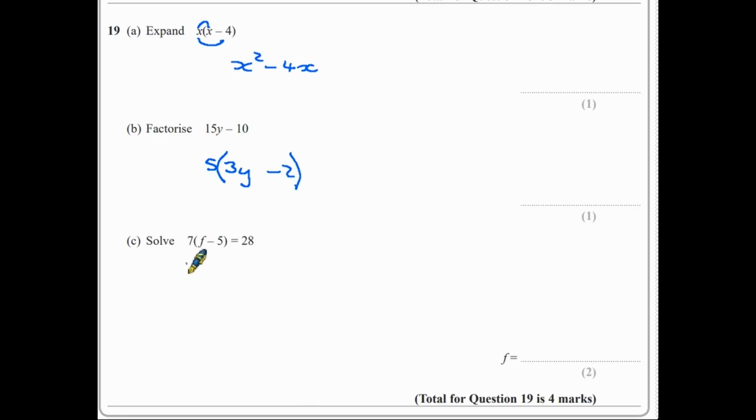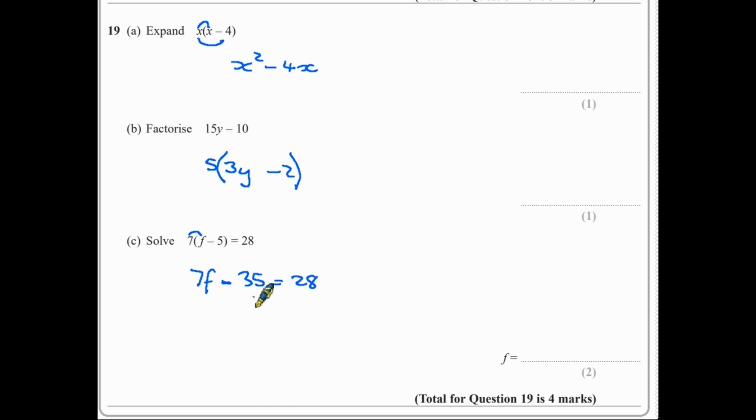Question C, solve. 7 open brackets f minus 5 equals 28. 2 stages to this one, because first of all we need to expand these brackets, and the process is exactly the same as it was in A. So we have 7 times f, which is 7f. Again, we have a plus times a minus, so it's a minus, and 7 times 5 is 35, and we know that that all equals 28.